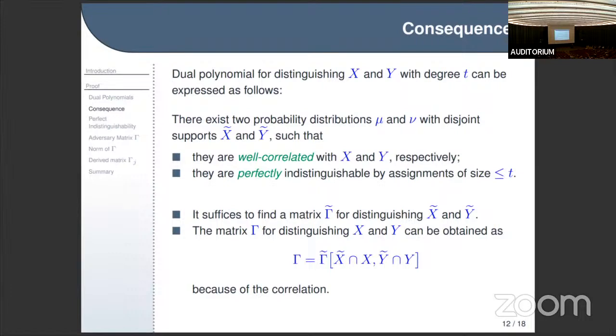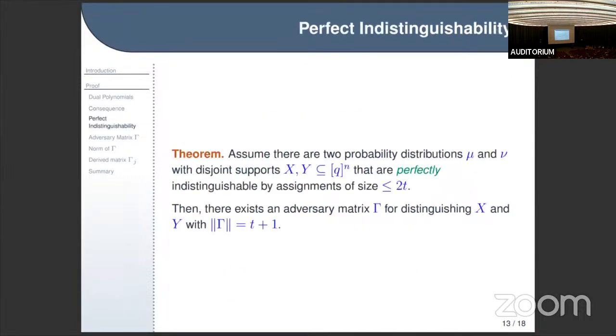It's not too hard to prove that this still gives a good lower bound. For instance, the derived matrix will have norm less than 1 because this is a submatrix. And you can also prove using correlation that this new matrix still has a large spectral norm.